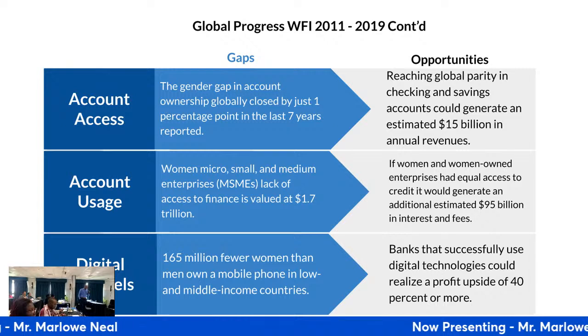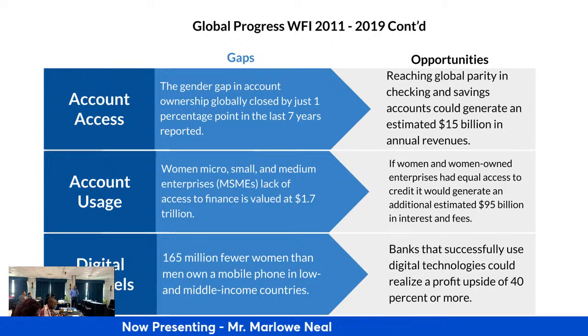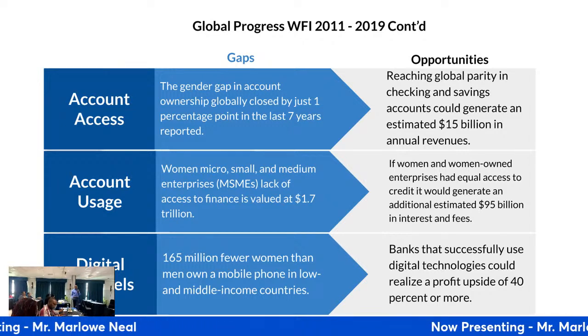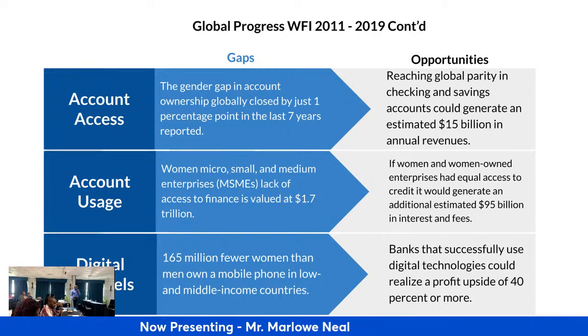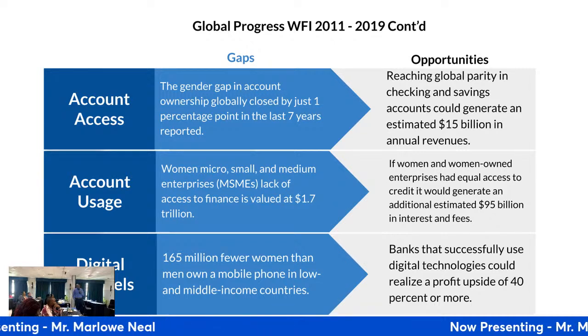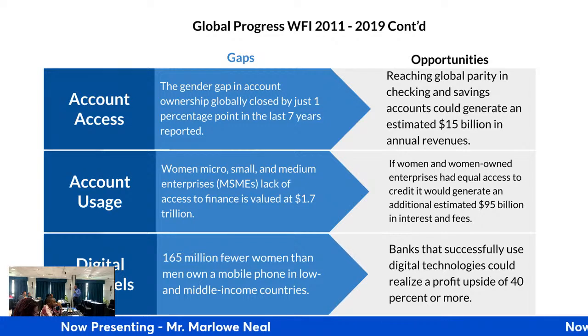In terms of digital channels, 165 million fewer women than men own a mobile phone in low and middle income countries. Banks that successfully use digital technologies could realize a profit upside of 40% or more, which is very significant in any time, but particularly in times such as this when there seems to be a general slowdown in the economy.